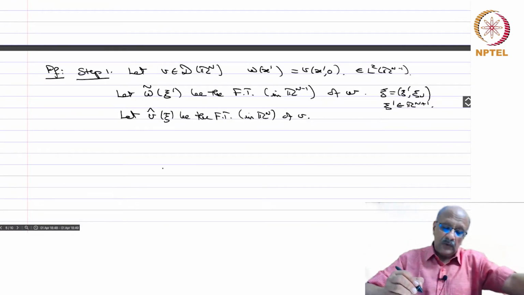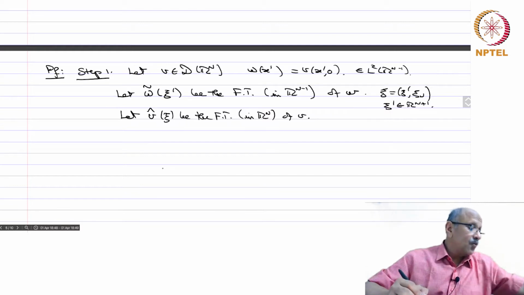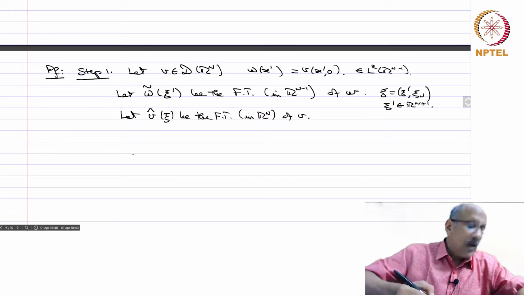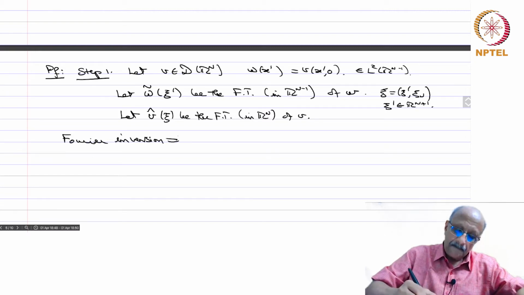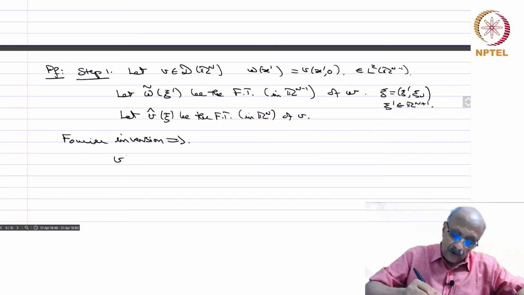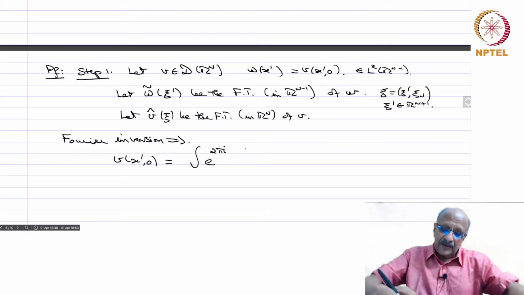Okay, so we want to connect these two. What is the connection between these two things? By the Fourier inversion formula, V of x dash 0 is equal to the integral of e power 2 pi i x dot xi.